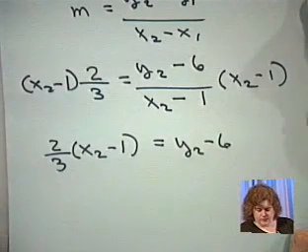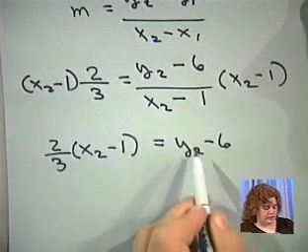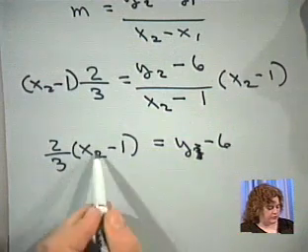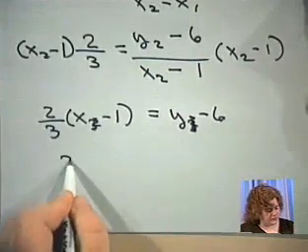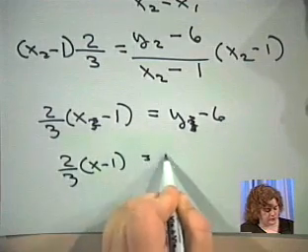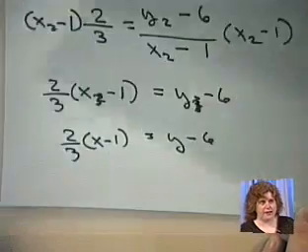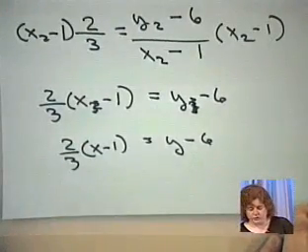Well, let's just drop this subscript 2 so that we have a generic x and y. Now we have 2/3 times x minus 1 equals y minus 6.